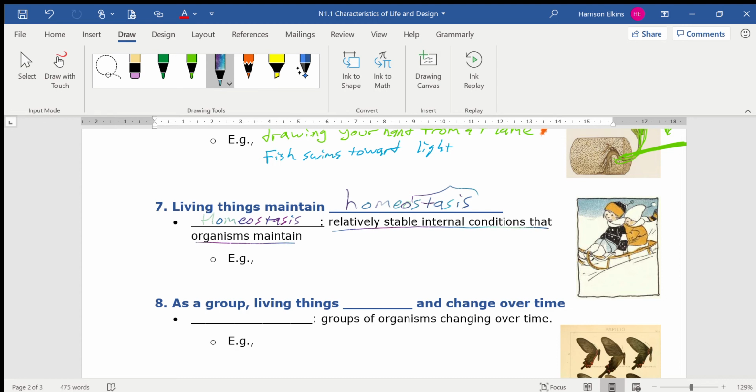Whoa, those are big words. All right. Basically, we could say just the right conditions. That's another way that we could define homeostasis. It's where you want to be. It's just the right way. So I always think of Goldilocks and the Three Bears.